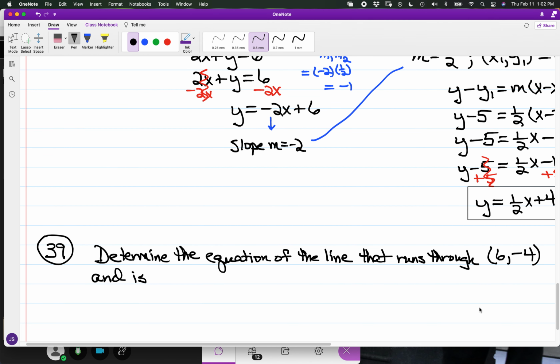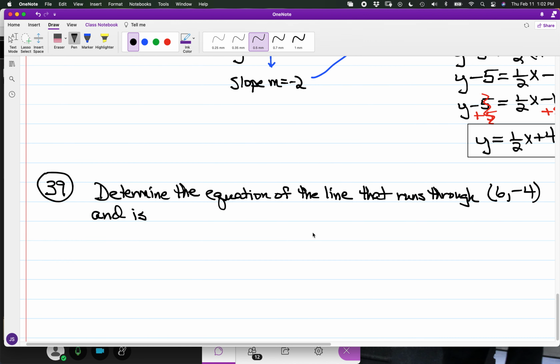And I'm just going to say for part A, perpendicular to x minus 5y is equal to 1.